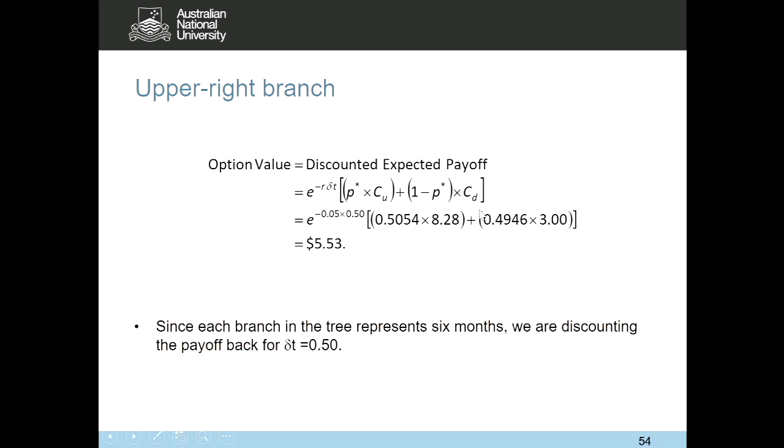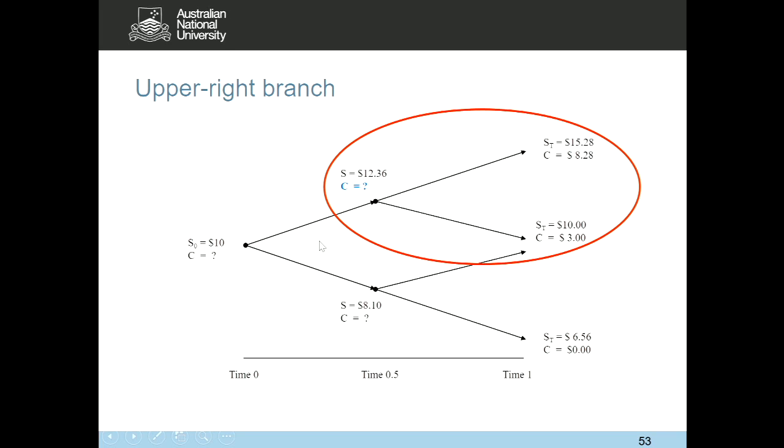And that is your expected payoff. Now, if you do that, you will work out the discounted value is 5.53. So once you work out this 5.53, you quickly write there, right? You replace this question mark with 5.53. That represents the discounted call option value at that point.